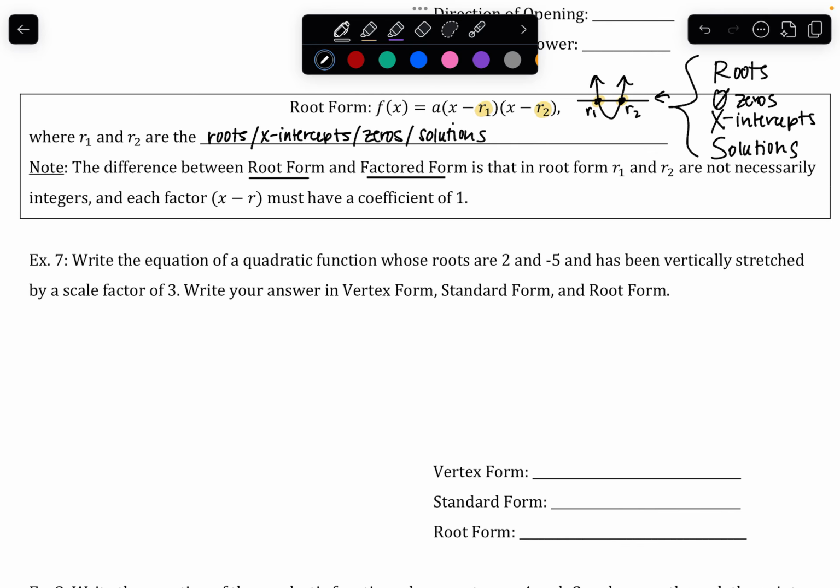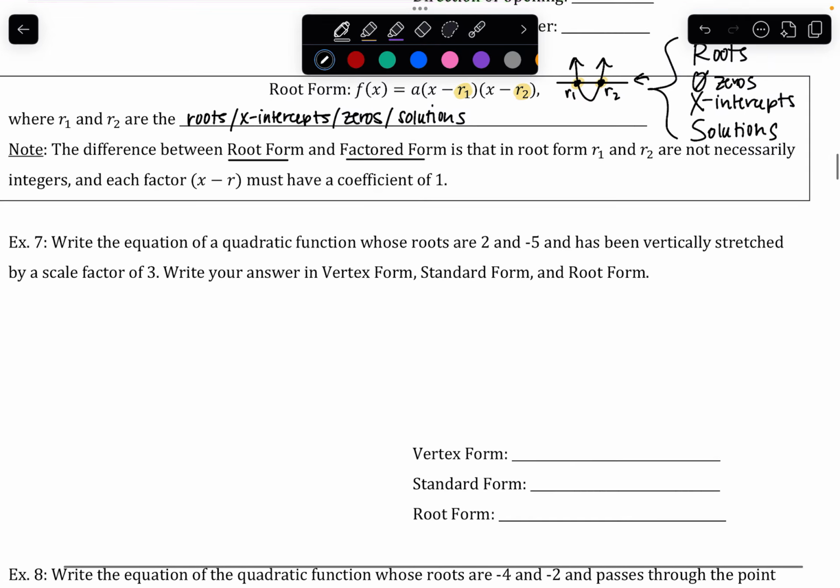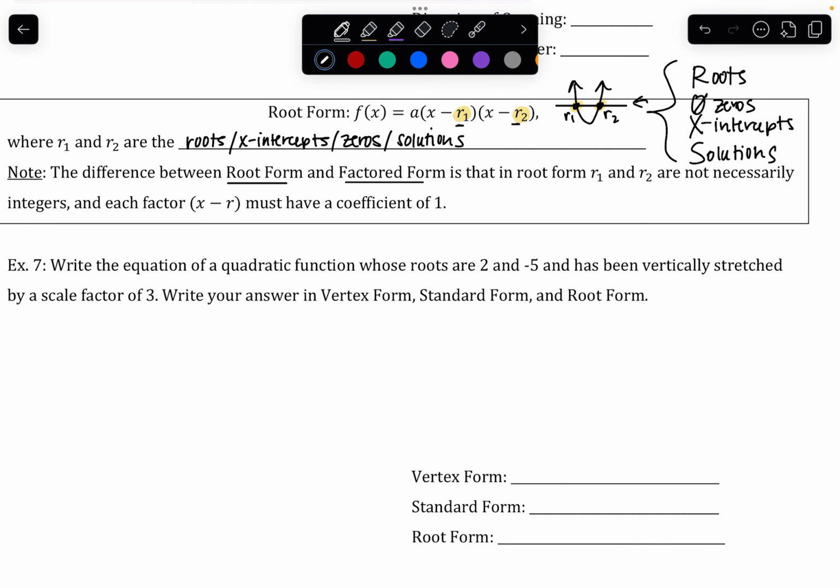For factored form, when we were doing our factoring lesson, you could have a 3x plus 1 and a 5x minus 1 as your 2 factors. Whereas in root form, you would not have any coefficients. You would write these in terms of fractions rather than having a coefficient in front of your x. That's just a subtle difference. They're not necessarily integers when you're writing root form. They have to be integers when you're writing factored form.